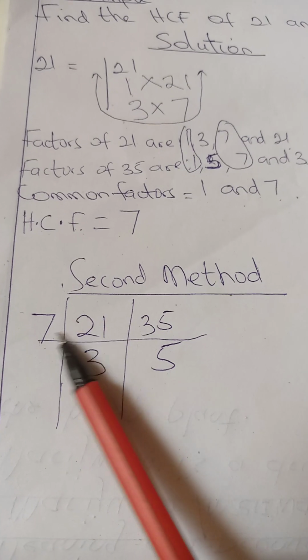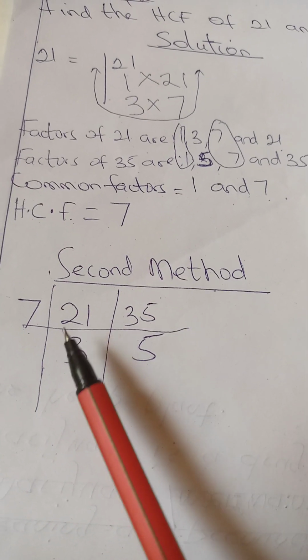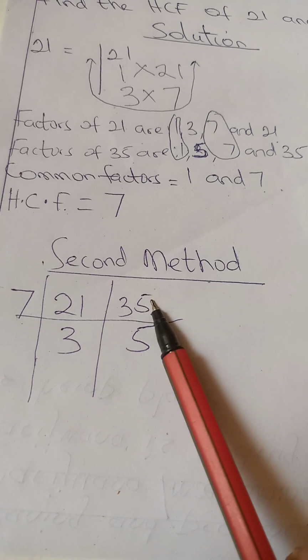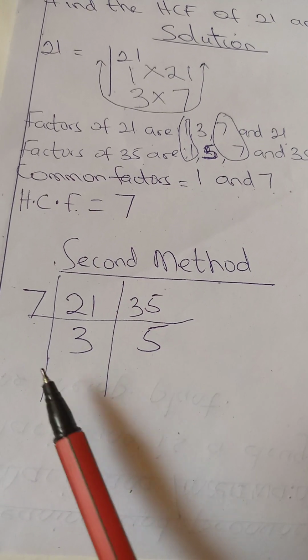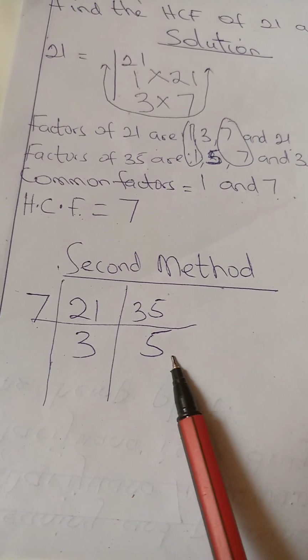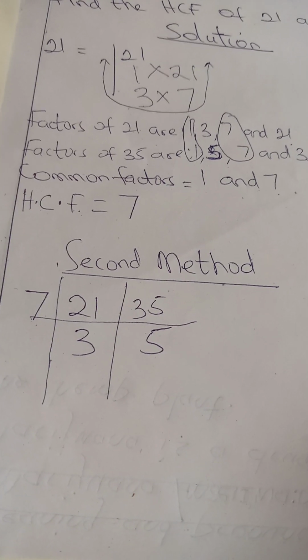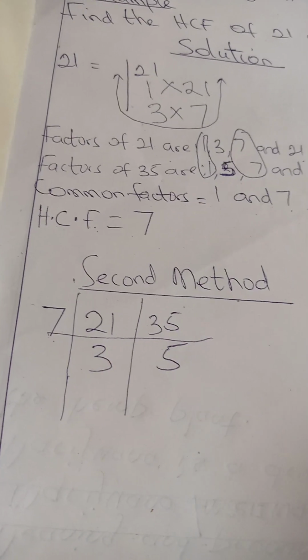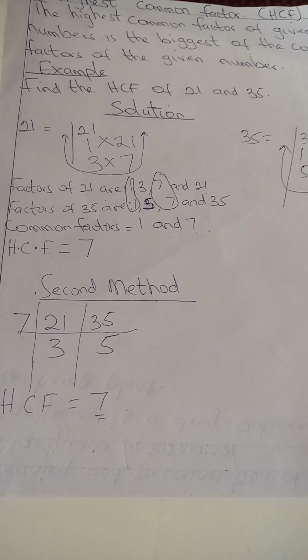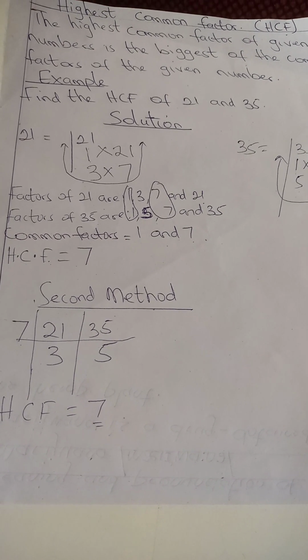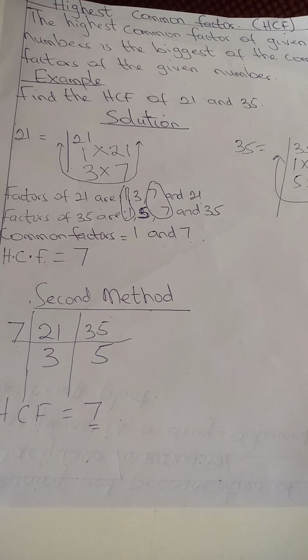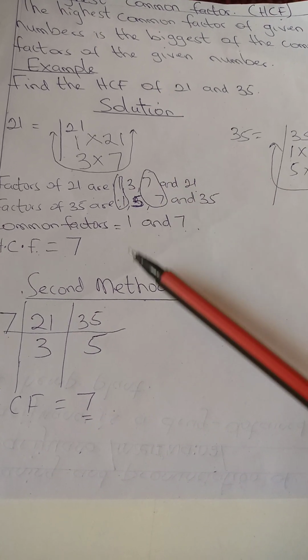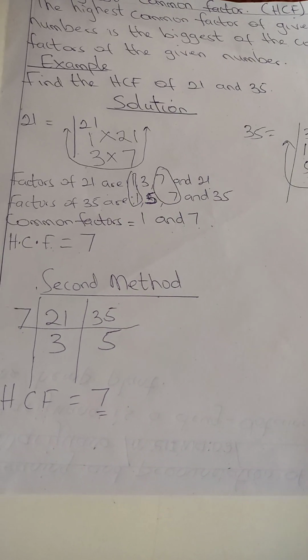I used 7 because it can divide through 21 3 times and 35 5 times. Which other number can divide through 3 and 5? There's no other number. So that means the highest common factor of these numbers is 7. You can choose whichever method is suitable to you, either method 1 or the second method.